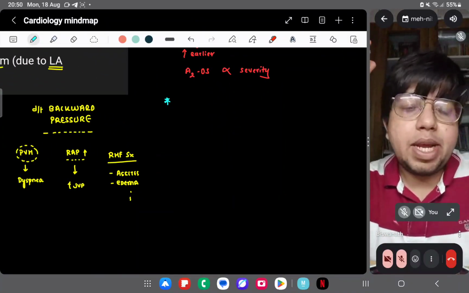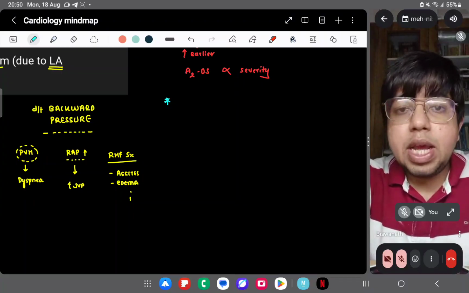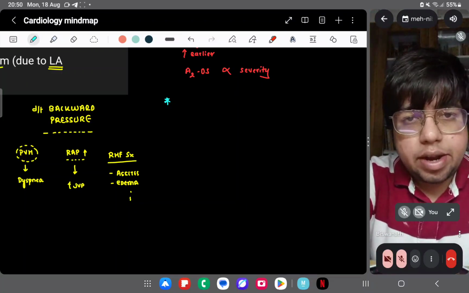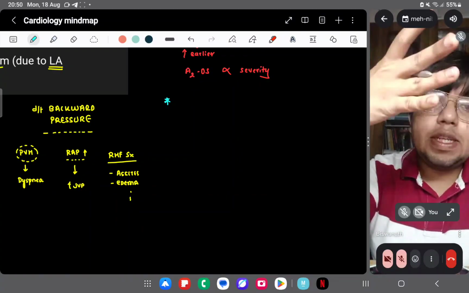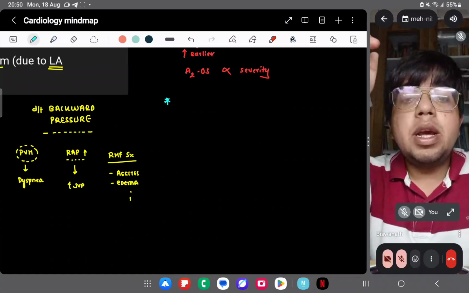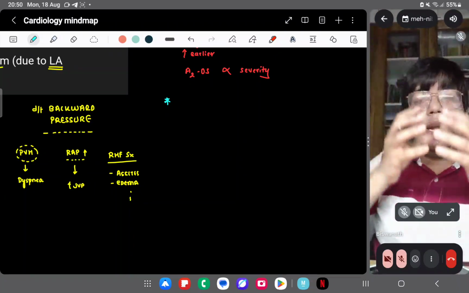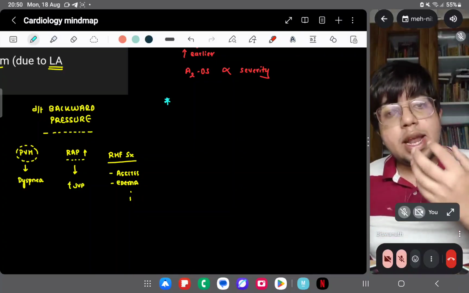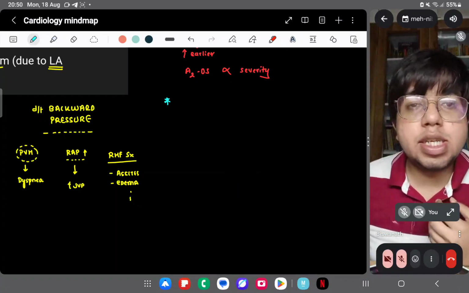Basically, what is happening is that the left atrial pressure is more. If it is more, it will stretch and dilate the atria. If it is associated with atrial fibrillation, very dangerous, very fatal. As the atria is dilating, the atria is bigger here. It is compressing on the underlying structures. What are the underlying structures?